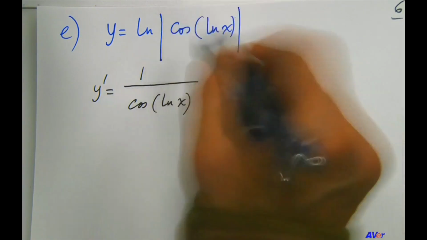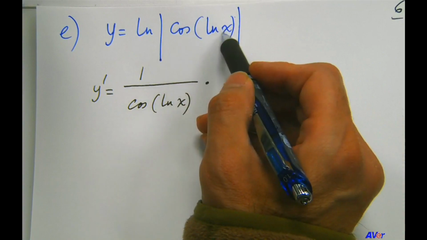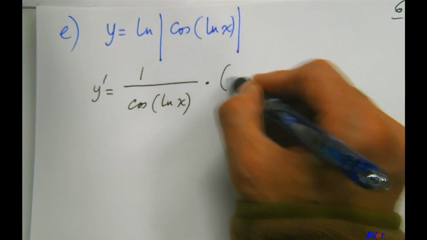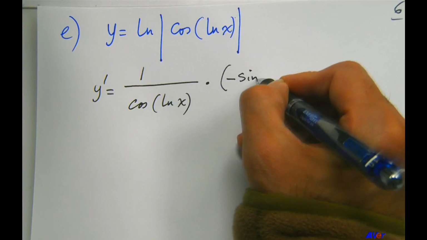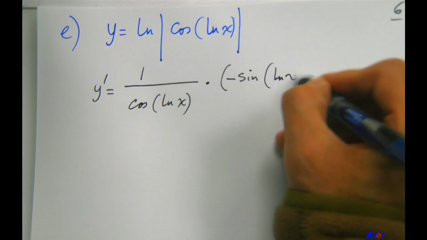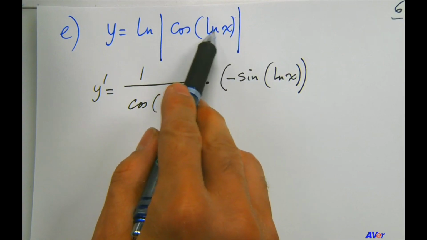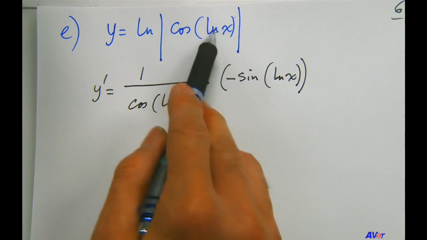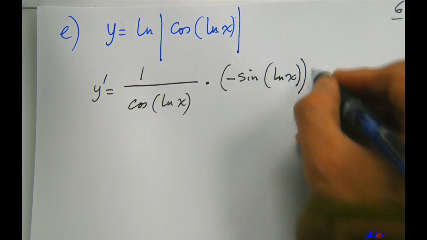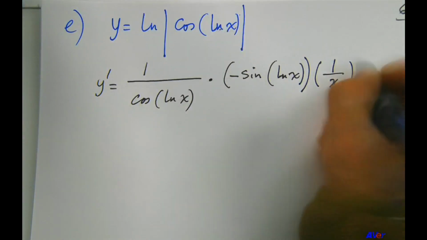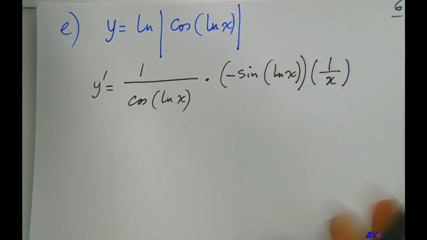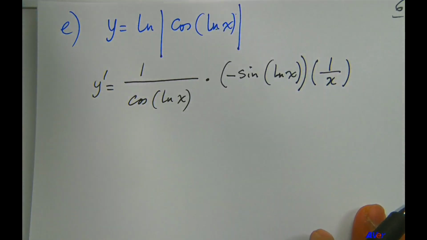The derivative of cosine of natural log of x is minus sine of natural log of x, times, again by the chain rule, the derivative of what's inside the parentheses, which is 1 over x. The derivative of natural log of x is 1 over x. Okay, so let's simplify.